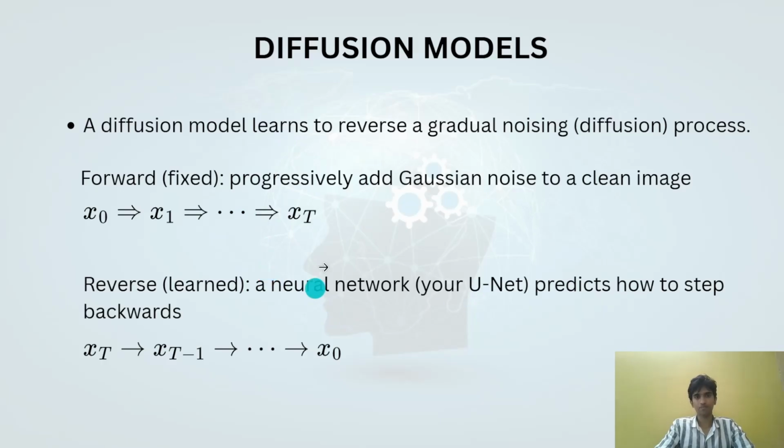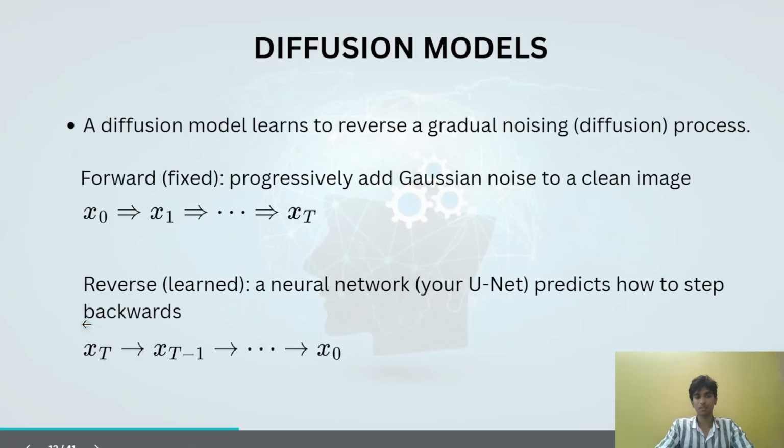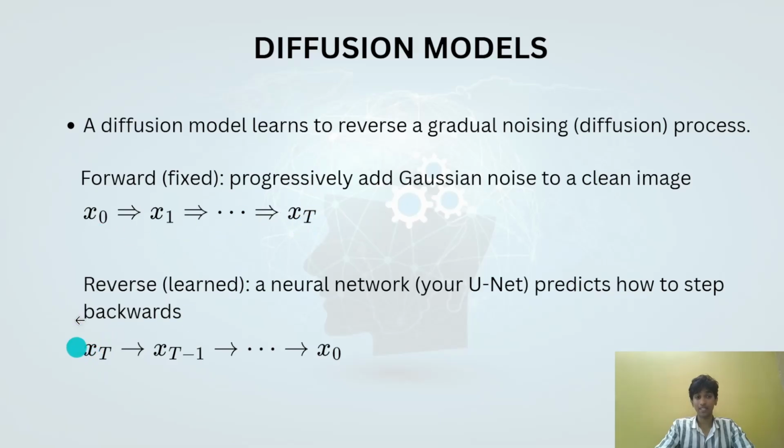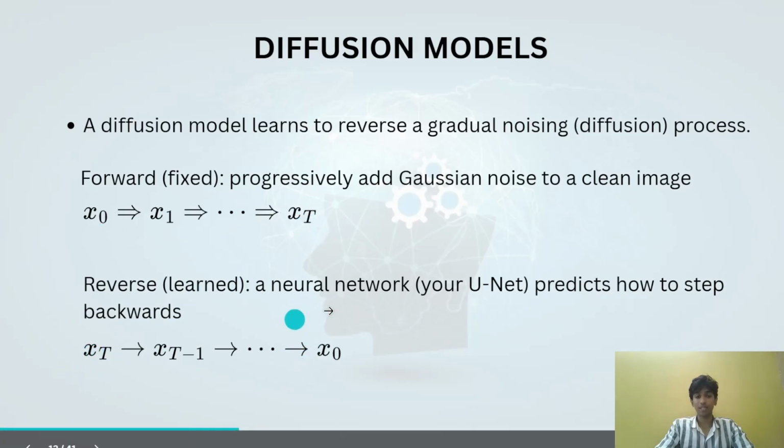And then we use something known as UNet. What this UNet architecture does is it tries to predict the steps backwards. That is, we first add noise to the image and then we denoise it to obtain back the original image, which will now look realistic.